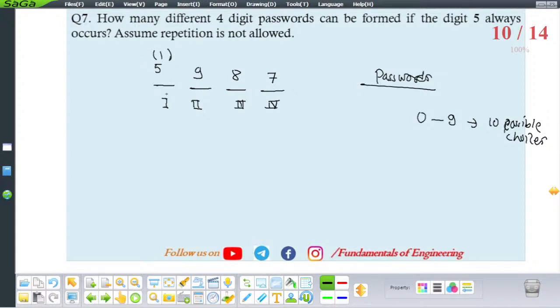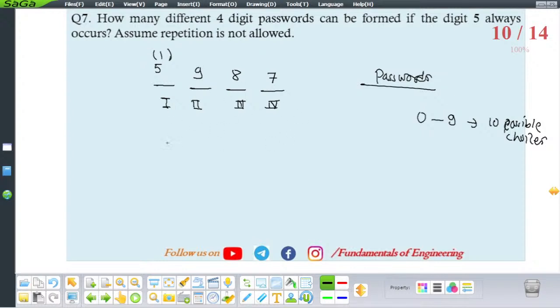Now there is a possibility that 5 comes at the first position, or we can write the password taking the 5 at the second position, third position or fourth position. So how many times can we use that digit 5?